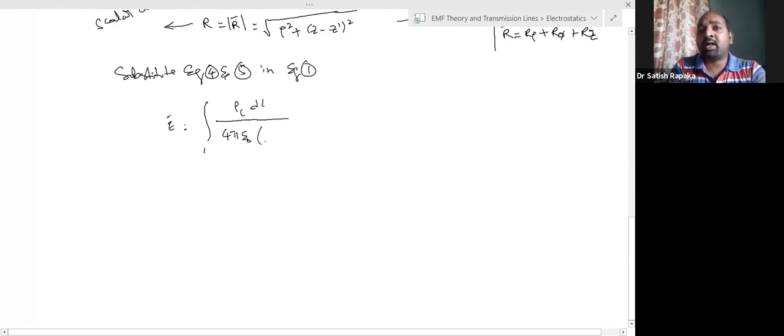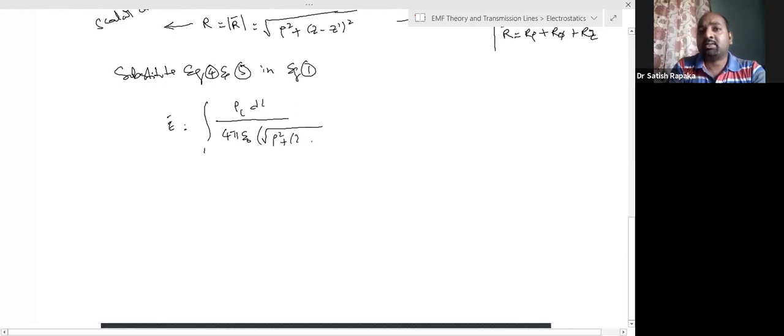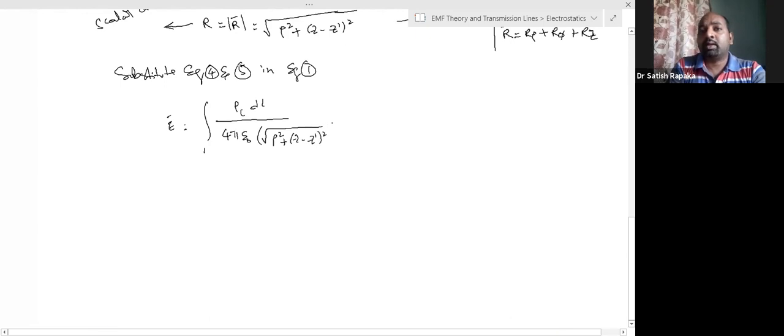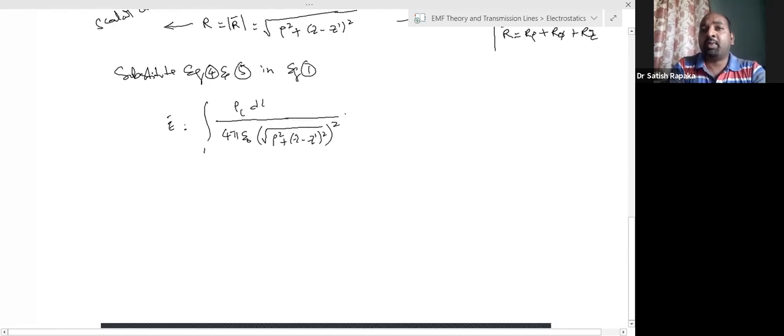R square. So what is R? R is square root of rho square plus (z minus z dash) whole square, right? So this is R square and a_R bar.